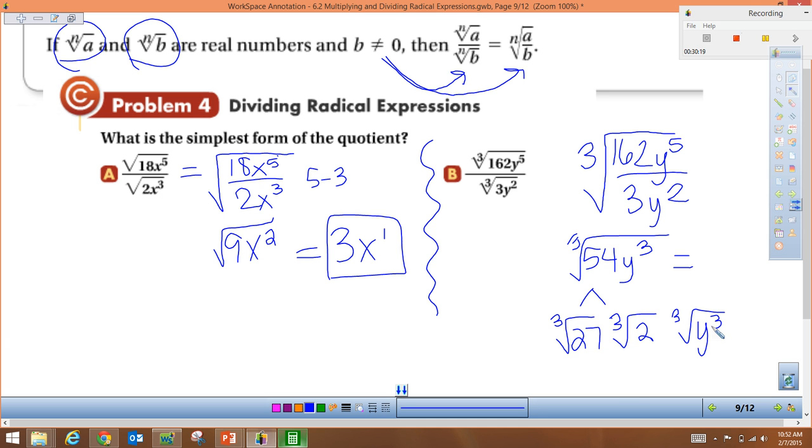So we get 3y times the cube root of 2. So really it's very similar to multiplication, except what you're doing is simplifying under the radical first and then taking the roots. Okay?